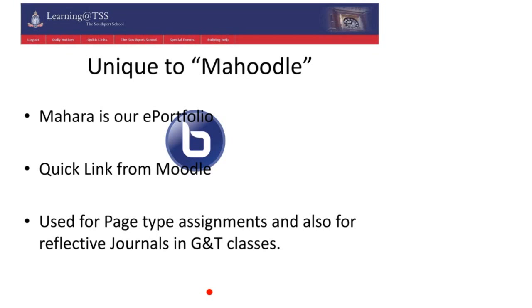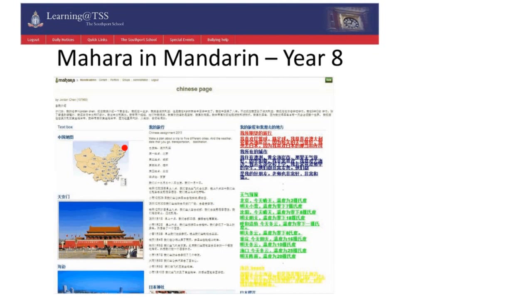Where Mahara is getting big use at the moment is in Mandarin, and we'll hear from three boys in year 8 again. It's quite funny. In our school, I can already see a generation gap. I can already see years 7 and 8 taking to these tools in quite a big way, whereas when you talk to years 11 and 12, quite a few of them say, Moodle's okay, but actually we prefer to do things on paper.